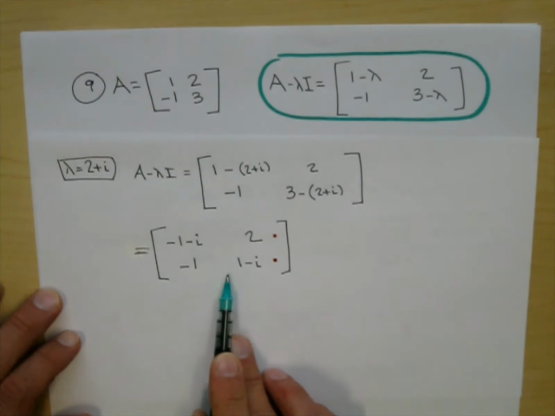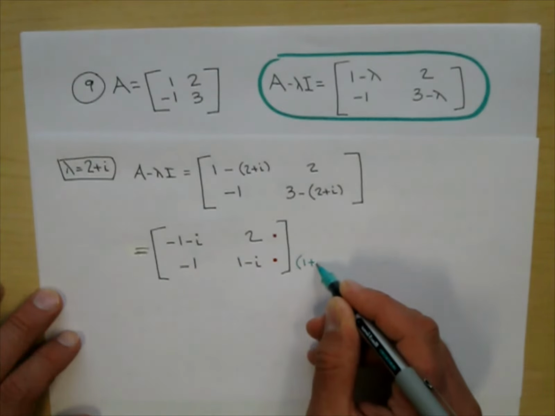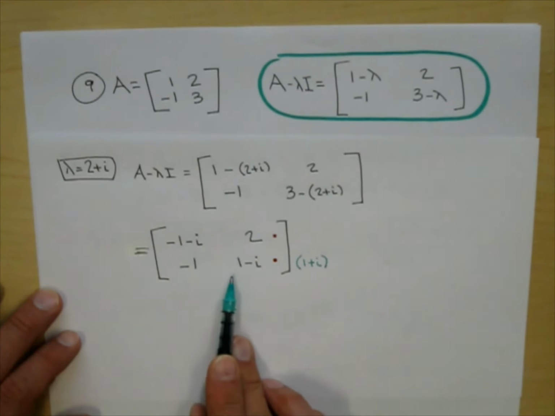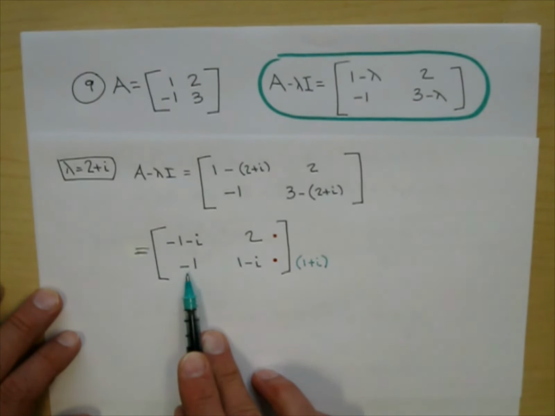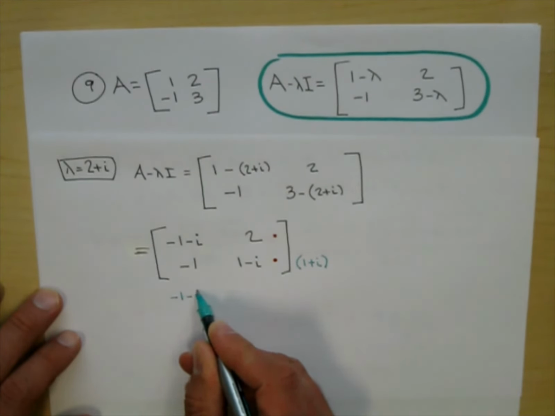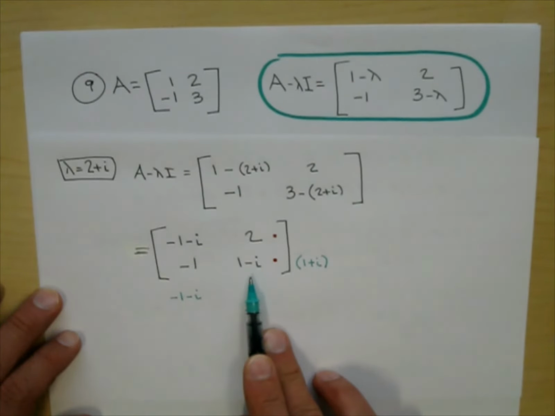I'm going to multiply row 2 by 1 plus i. Now, it's not like we have to do this in the problem, but I'm just trying to verify that these are scalar multiples. What does this give me? This gives me minus 1 minus i, which is exactly what you see up there. And then this one I have to FOIL. This gives me 1 plus i minus i, and then minus i squared.